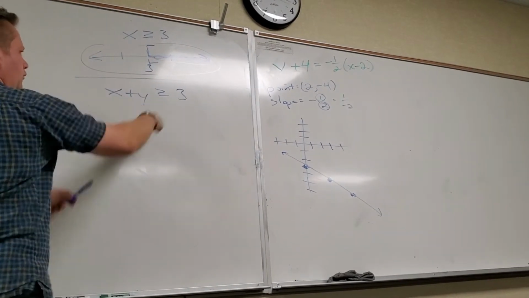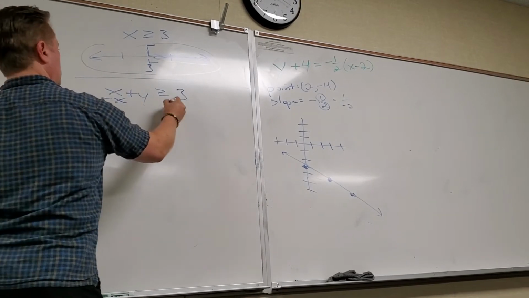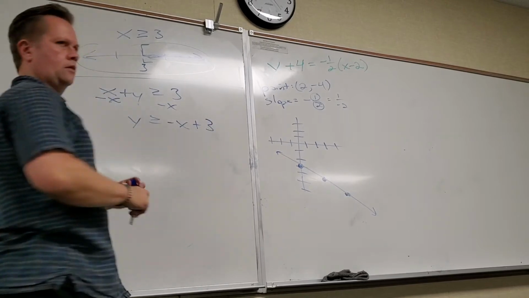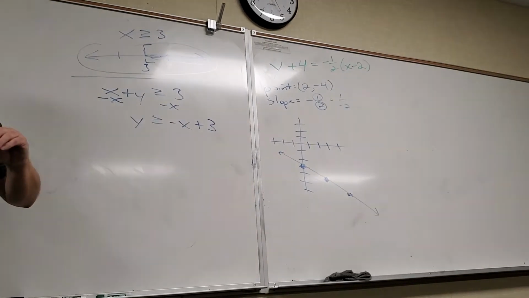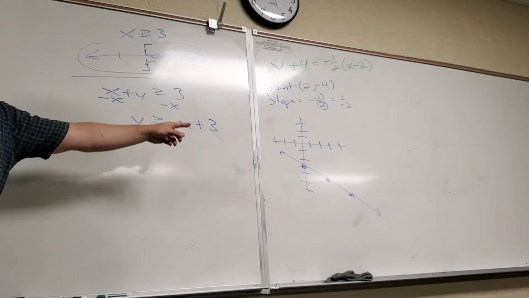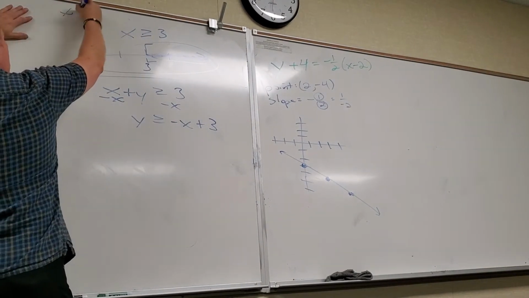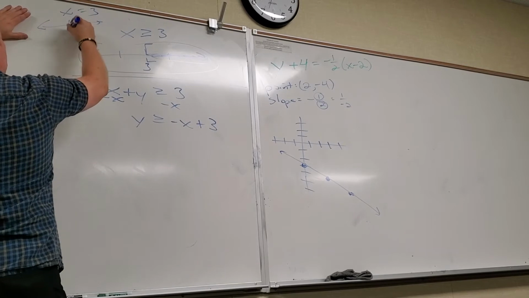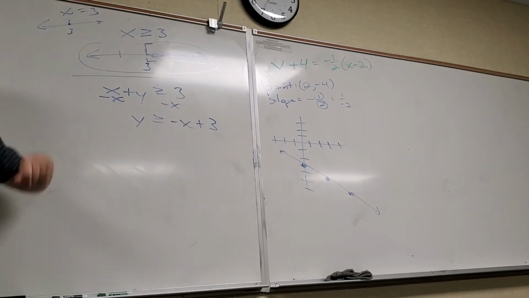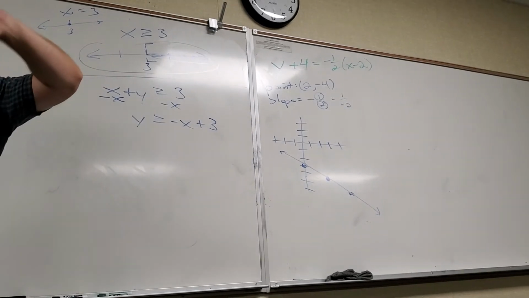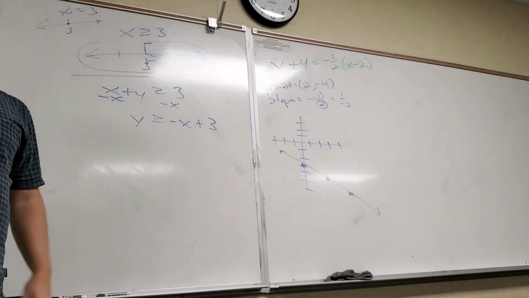If I solve this for y, I get this. If that was an equals, that would just be a line, right? Sort of like if that was x equals 3, wouldn't that just be a point? Done. Correct?